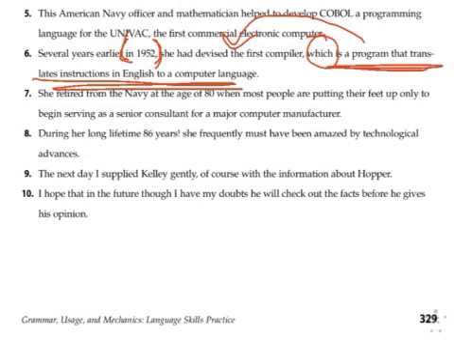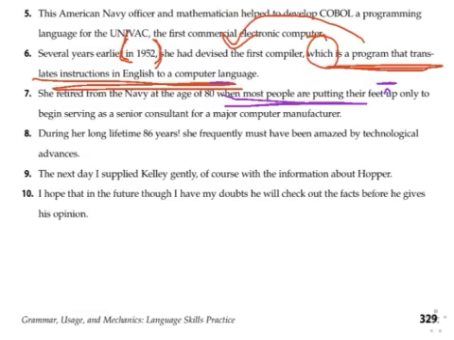So in this case, I would probably use the dash here. So 80 dash, when most people are putting their feet up, dash, only to begin serving as a senior consultant, blah, blah, blah. This part's kind of breaking into the sentence with a different thought, because it's related but not.